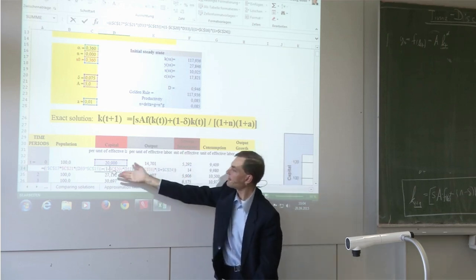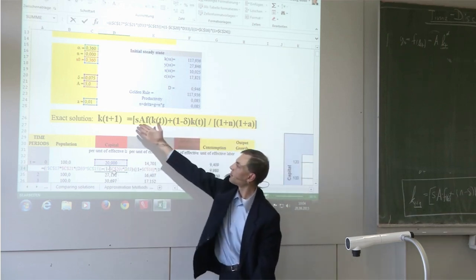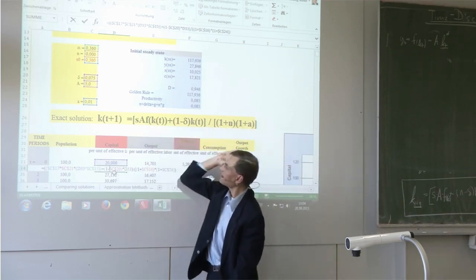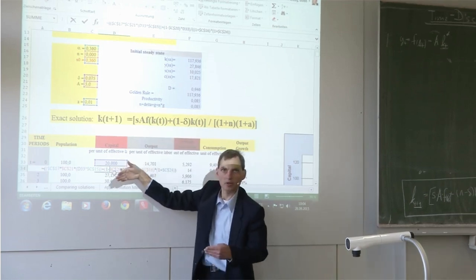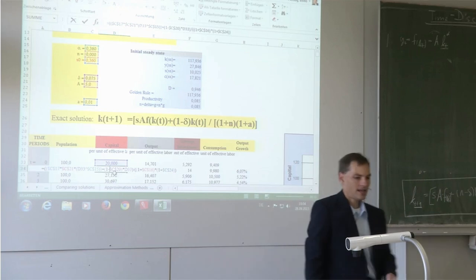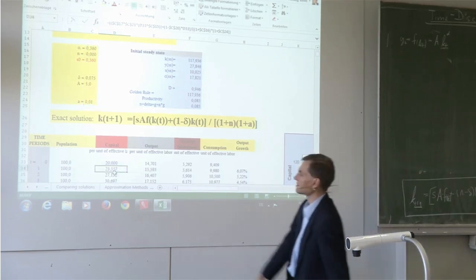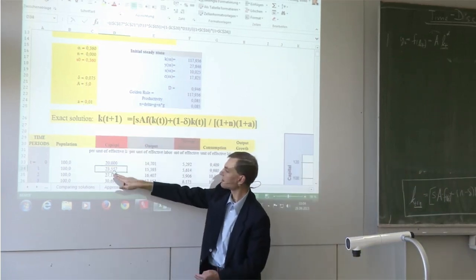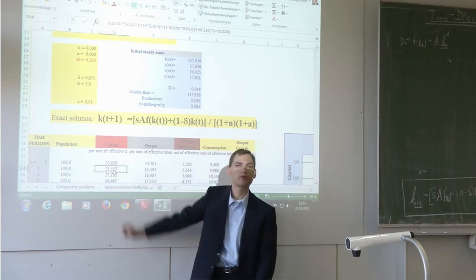So what I have here in this cell is nothing else than this formula. And the right-hand side of this formula gives me, calculated by the spreadsheet program, the capital labor ratio in the next period. Given my parameters, that is around 23.5.